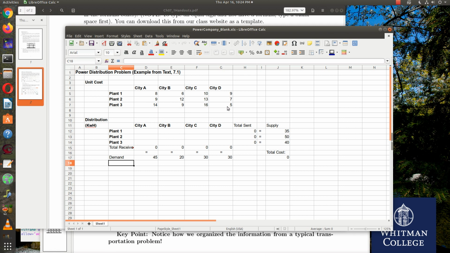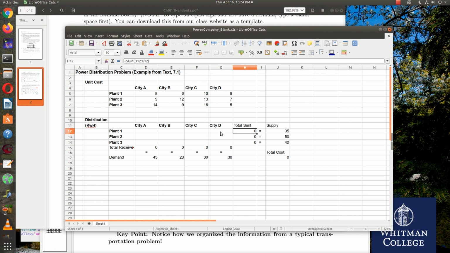In this top array, these are just the numbers associated with each of the costs. Down here are my decision variables, and you'll notice these are all blank right now. If I go to total sent, you can see that the sum is D12 to G12.